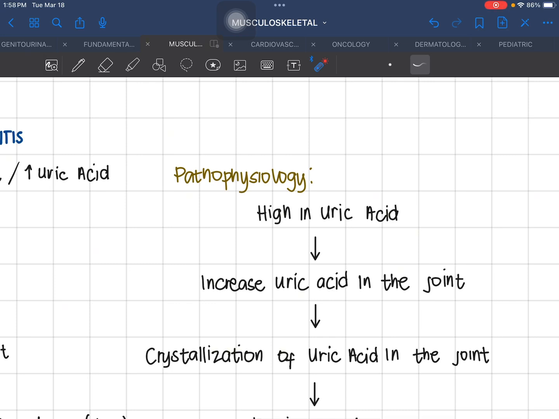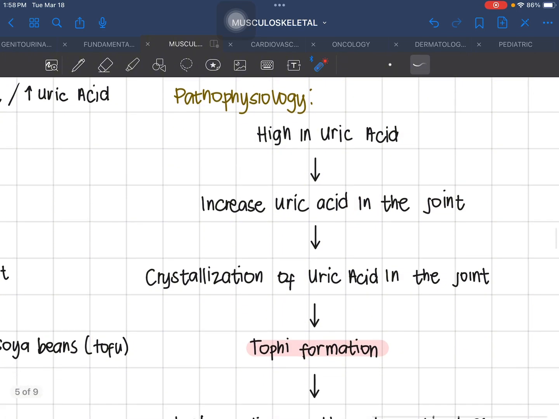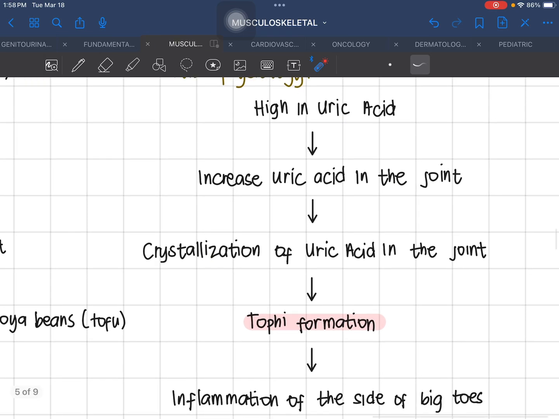Balik tayo sa pathophysiology. So, yung mga foods high in uric acid, yan ang ALL BOYS, dahil mag-increase yung uric acid mo sa joint. So, pag nag-increase yung uric acid mo sa joint, mag-crystallize yun sa joint mismo, and then, magkakaroon ng tophi formation.